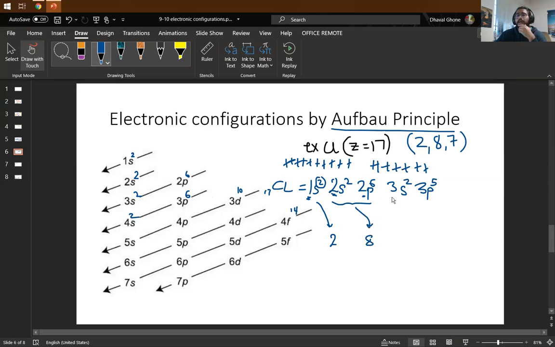And then I have shell number 3 over here. These combine to give me 2 plus 5, 7. This is exactly what we counted before using only shell configurations. So this is the same thing as before, except you just assign all these 8 electrons to even more particular subshells and assign all these 7 electrons to even more particular subshells.